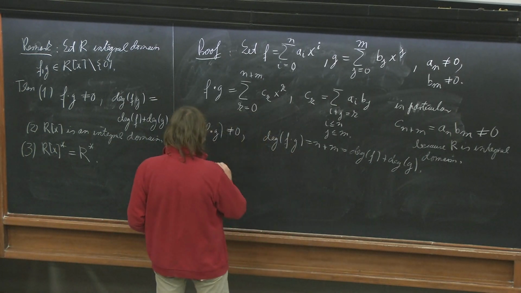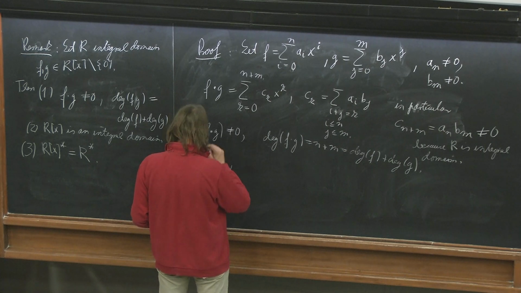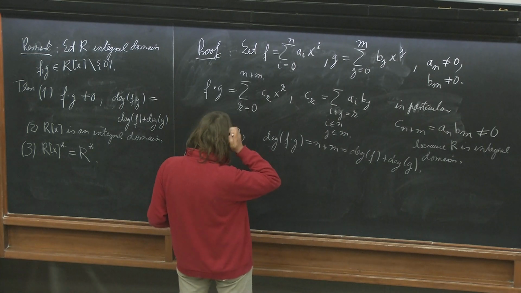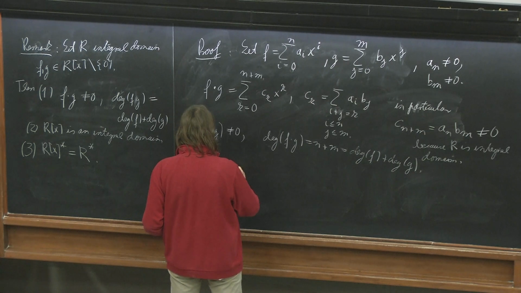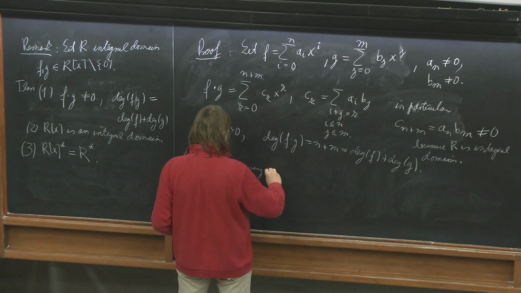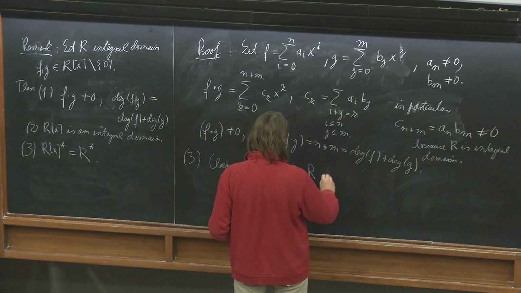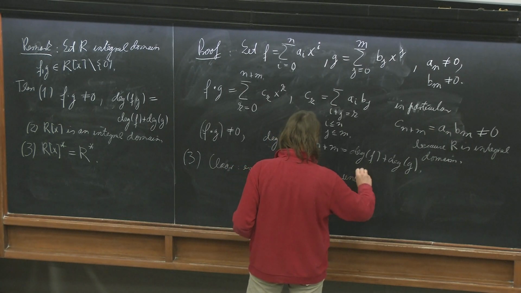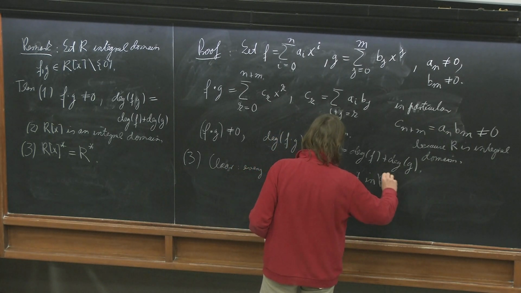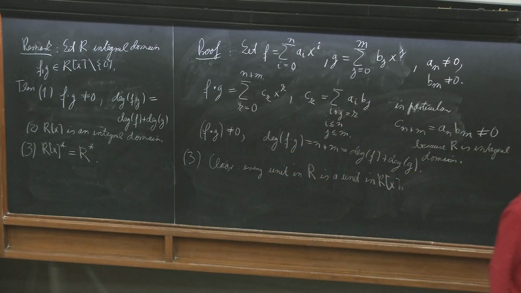It's clear from the definition that every unit in R is a unit in R[x]. Just look at the definition here. This just means you multiply all the coefficients by this unit, and the inverse of that element will be just the inverse in R.